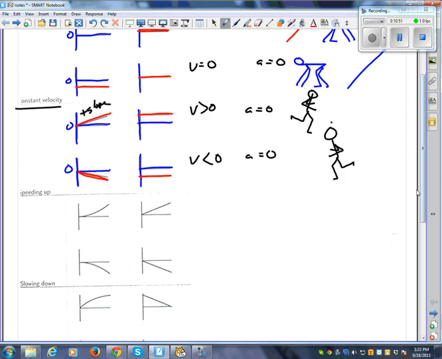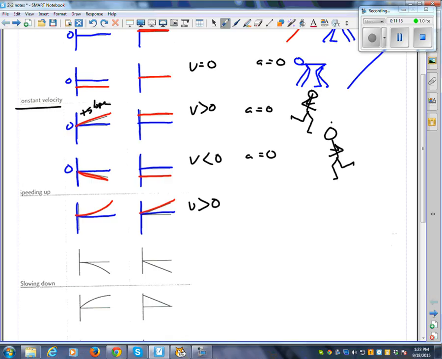Speeding up means, right? The dt graph is curved, slope is changing. Here, the value of the slope is increasing at a constant rate. You'll notice that it's not flat anymore, but it's still straight. The velocity is above zero, which means the velocity is positive.